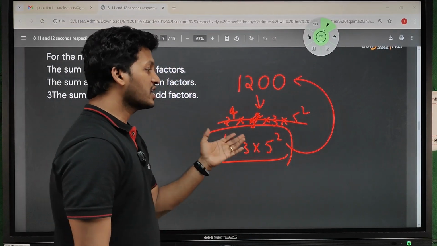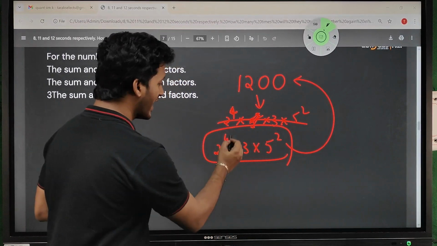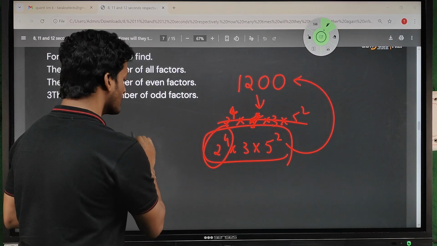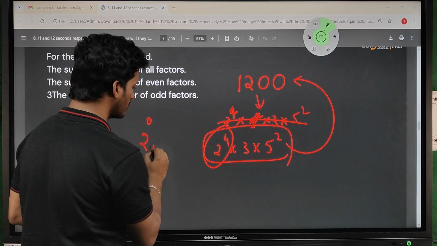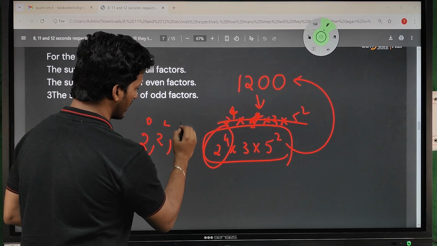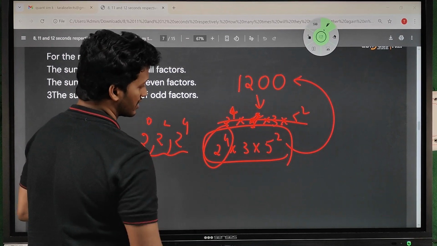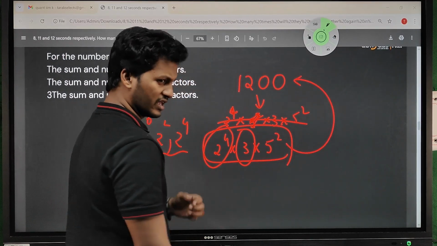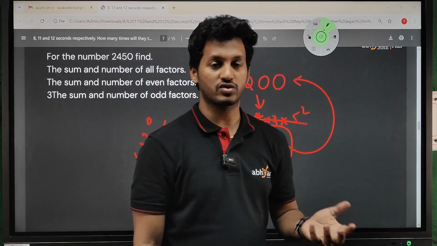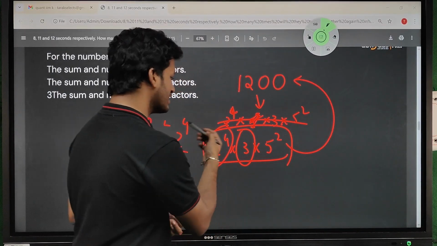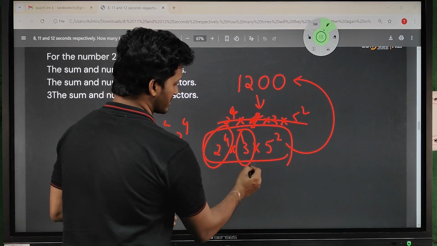Now, how many perfect squares are possible here? I can express 2 power 4 in terms of 2 multiples as 2 power 0, 2 square and 2 power 4. So 3 ways are there. I will not consider 3. Even if I consider it, I have to take 3 power 0. There is only one way. So 1 into anything is the same thing, so I am not considering this.